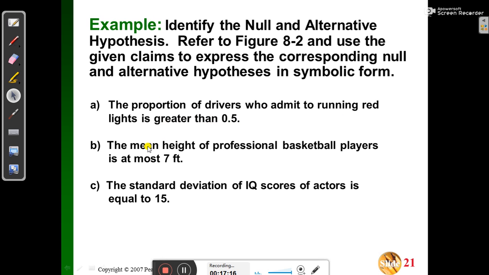Suppose the mean height of a professional basketball player is at most 7 feet. The standard deviation of IQ scores of actors is equal to 15. Now there are three statements.